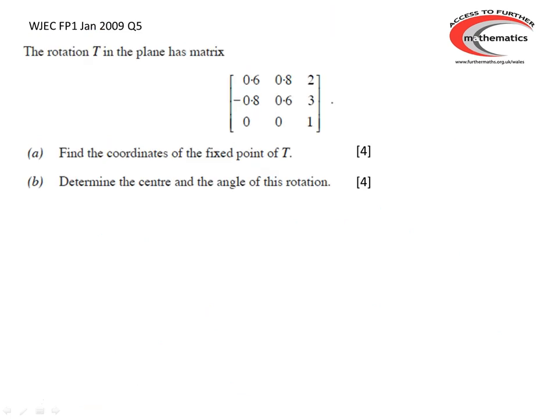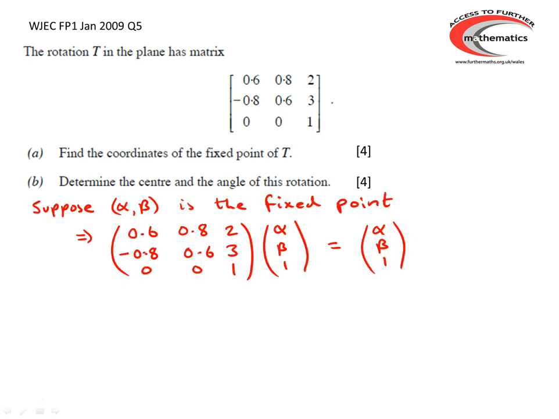Finally, let's just look at this example. We've got rotation T has the matrix given there, and the first thing we're being asked to do is to find the coordinates of the fixed point of T. So it's very similar to the example we've just done. Let's suppose that (alpha, beta) is the fixed point.